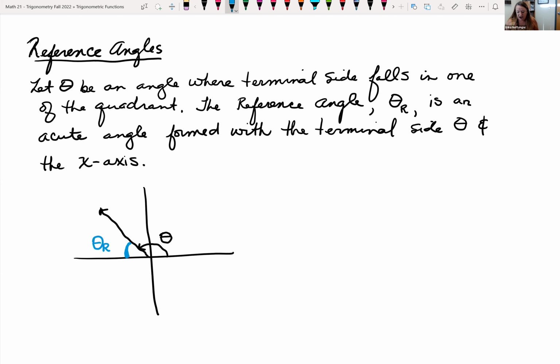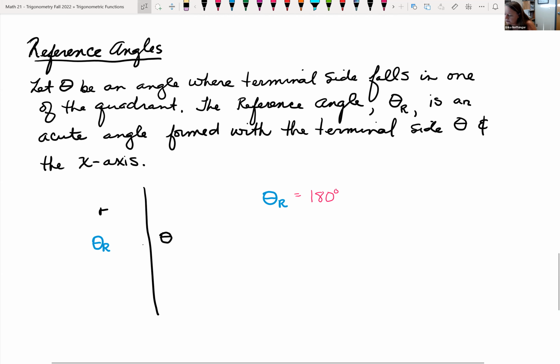So how could we figure out what theta sub r is? Well, a horizontal line here is 180 degrees or pi. So we can look at this as 180 degrees minus theta, if we subtract off what theta was, that would give us theta sub r.